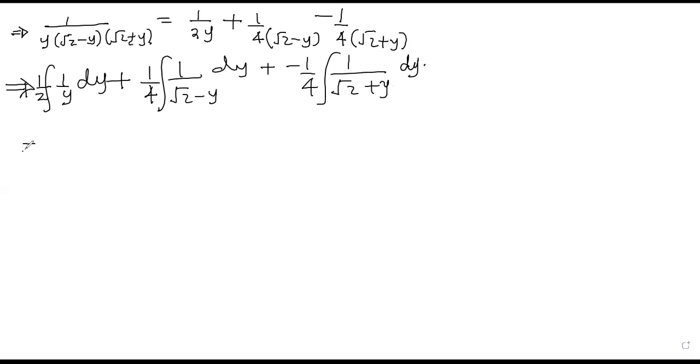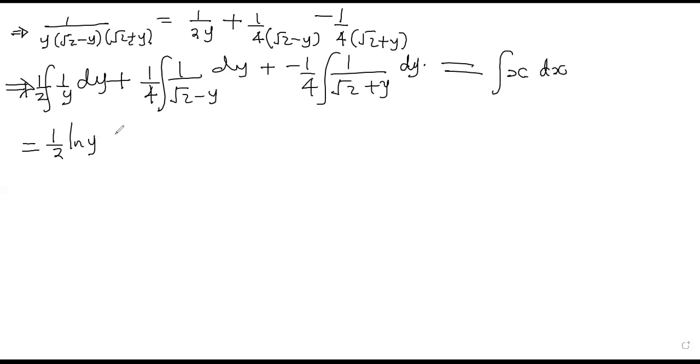So this is the same as a half ln y. But remember, this was equal to that. We shall integrate also the other side, which had x dx.